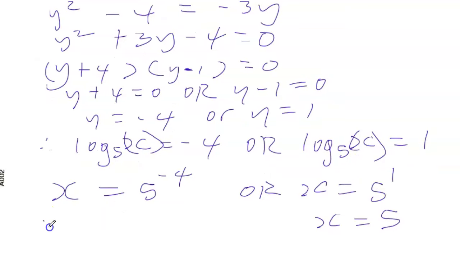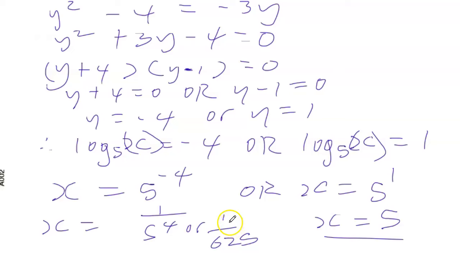Or over here, x equals 1 over 5 to the power of 4, that's 625. 5 times 5 times 5 times 5, or 25 times itself. So we have 1 over 625. So those are our solutions: 5 or 1 over 625.